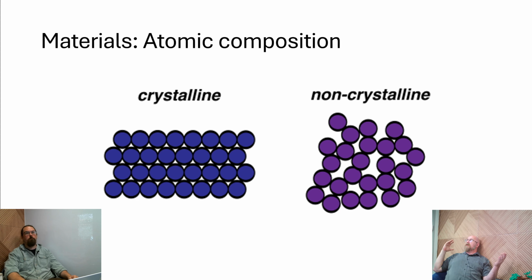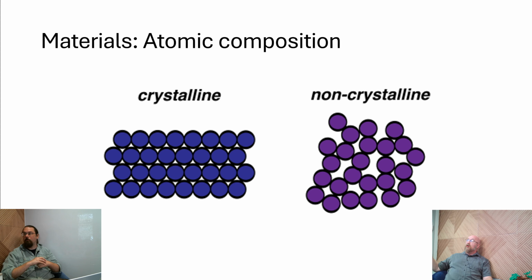So the difference between crystalline and non-crystalline is order. It's an ordered repeating pattern that makes up the arrangement of atoms of a material. We say something is crystalline when it's ordered, and we say something is non-crystalline or amorphous when it's not. And this implies different material properties.